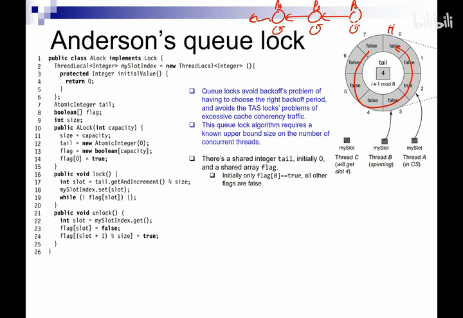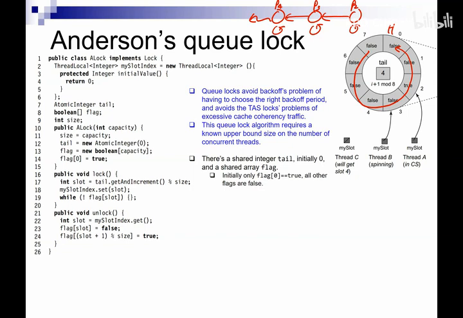All of the threads are competing to get a location in this array. If you get a location and the value in your location is false, then you're not at the head of the queue and you have to wait. But if you get a location and it's true, then you're at the head of the queue and you can go into the critical section.